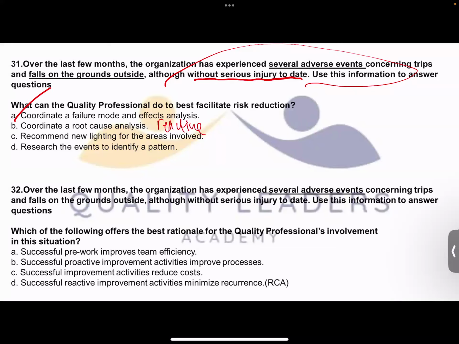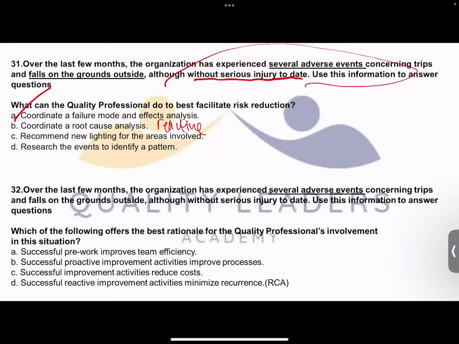Ma'am, this is used to investigate the root cause of a specific adverse event that has already occurred. While it is also useful, RCA is not appropriate here since no serious injuries have occurred yet.